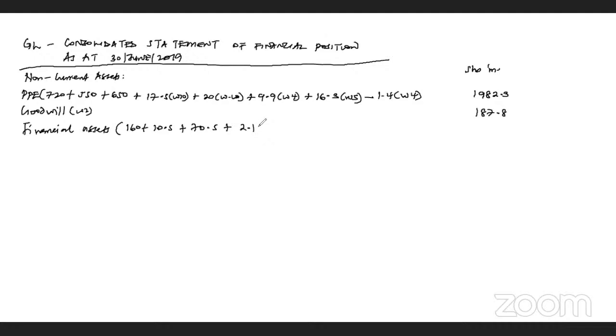Then you have the fair value movements and exchange differences from working 6. This gives us 243.2. When I add this, I get a total non-current assets figure of 241.3.